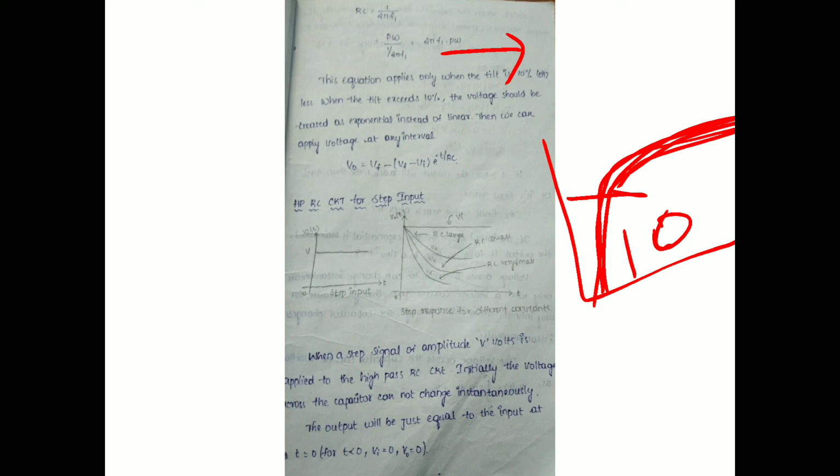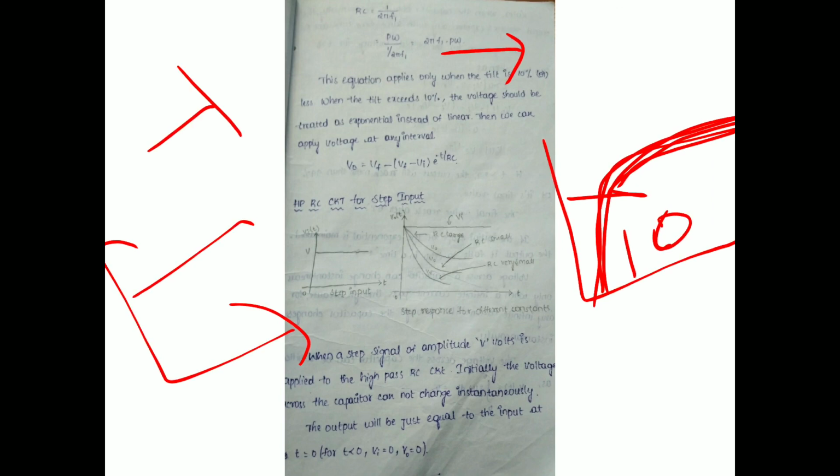Let us see the first case, that is T less than 0. This is the step signal when it is given to the high pass filter circuit, and this is the high pass filter circuit.